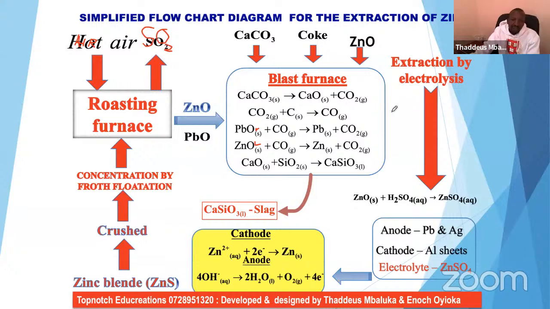We have the equations: at the cathode, zinc ions gain electrons to form zinc metal, and at the anode, the hydroxide ions form 2 moles of water plus oxygen gas plus 4 electrons. Again, that summarizes the extraction of zinc using just 1 page.